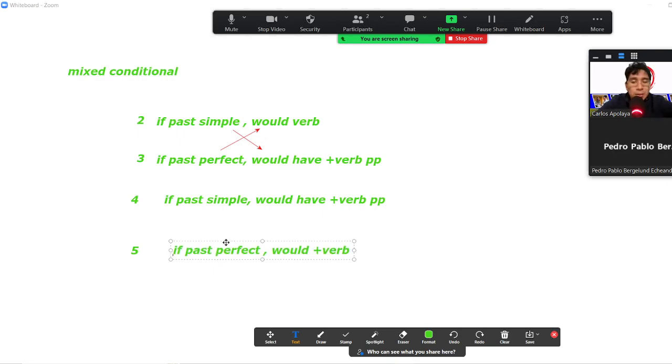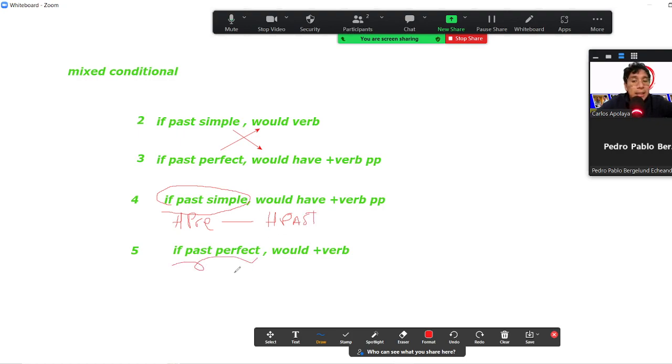So as you can see here, a hypothetical situation in the present has a hypothetical result in the past.